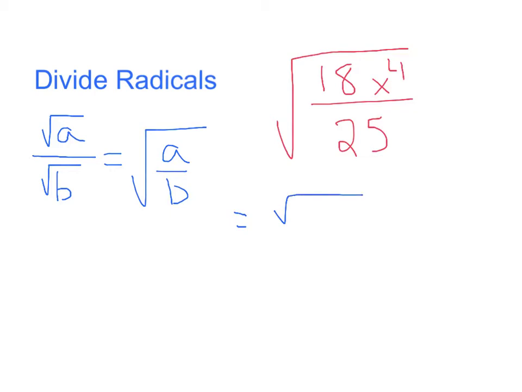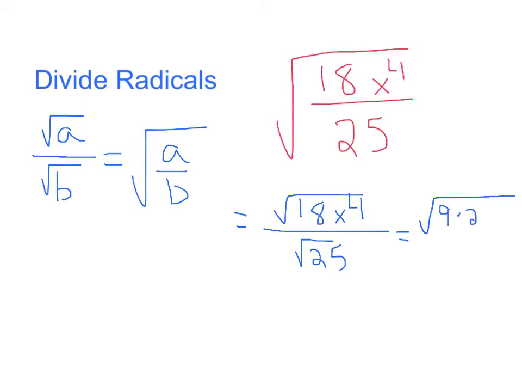So I'm going to take the square root of the numerator, 18x to the 4th, and then the square root of the denominator, because 25 is a perfect square. So if I want to simplify this on the top, I can break 18 up into 9 times 2 times x to the 4th, and then divided by, what's the square root of 25?